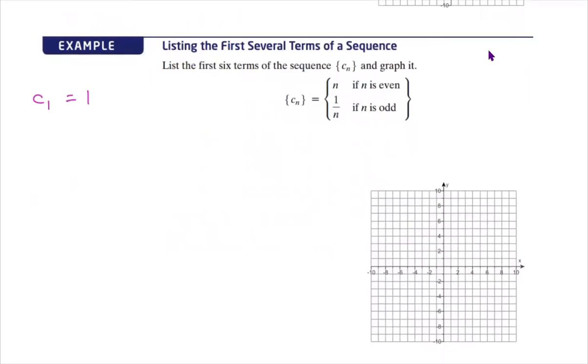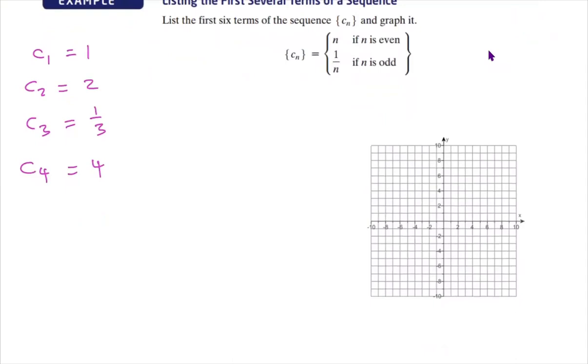So C2 is even, so that's 2. C3 will be 1/3. C4 will be 4. C5 will be 1/5. And C6 will be 6.